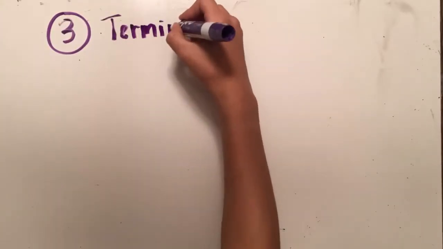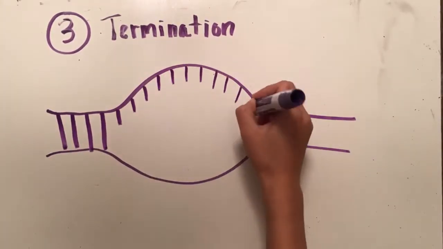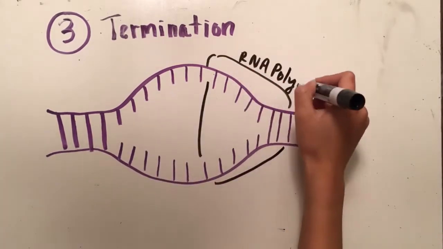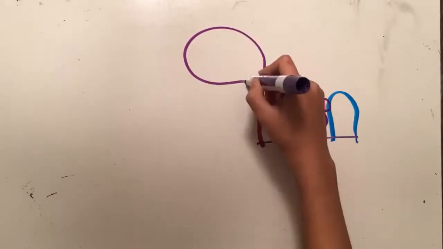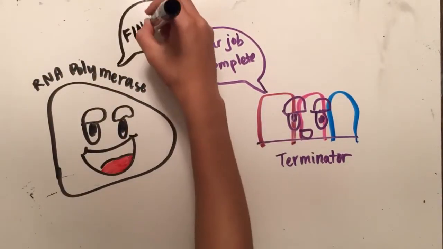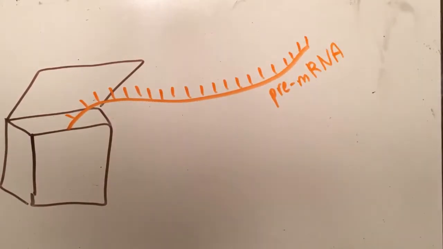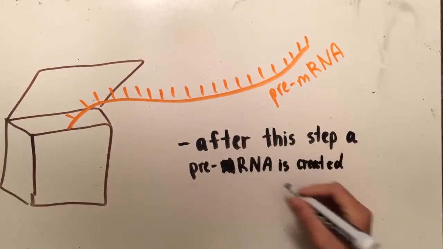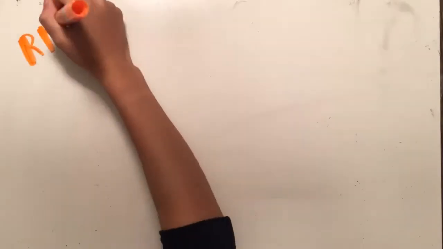The third and final step of transcription is called termination, where terminators signal that the end of the RNA transcript is complete. A pre-mRNA has been created. However, a pre-mRNA is not quite ready to be used yet. The RNA strand still needs to go through a few more steps in order to be prepared for translation.